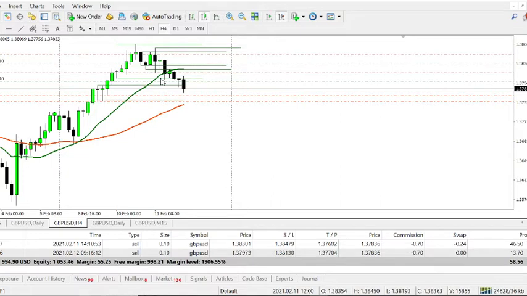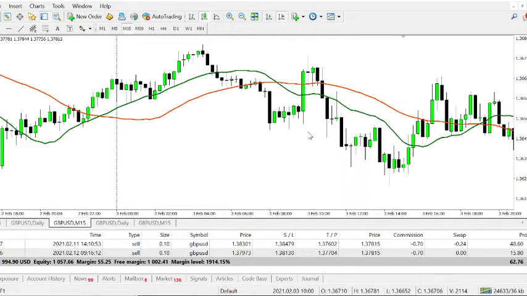Now, once I know that, I know these regions are regions of resistance or support.